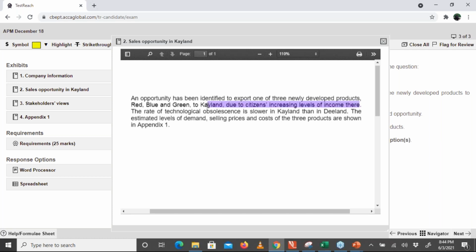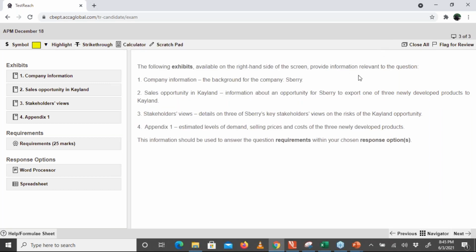So there is a country K-Land where the citizen income is increasing. The rate of technological obsolescence is slower in K-Land than in D-Land. Okay, so that means the product life cycle could actually be increased. Now, what next is there? It says the estimated levels of demand, selling price, and cost of the three products are shown in Appendix 1. Okay, we're going to talk about that also.